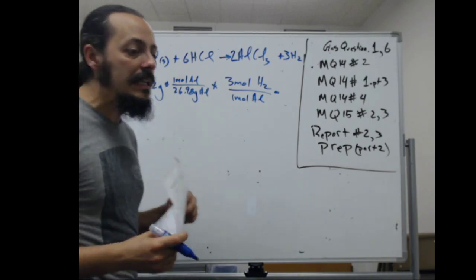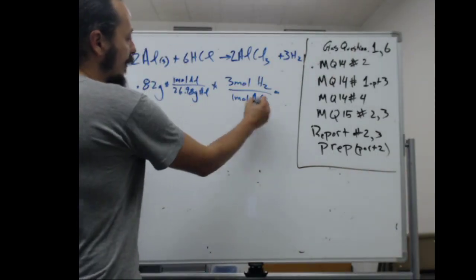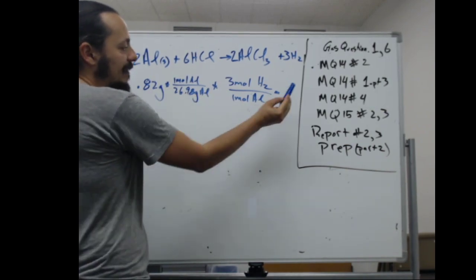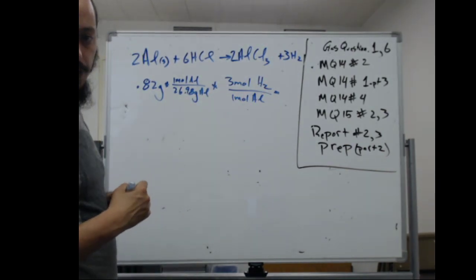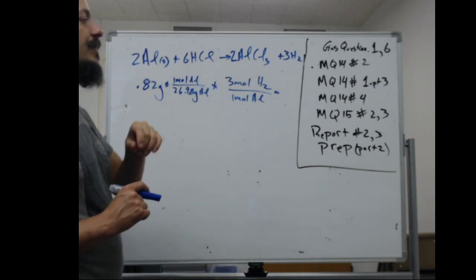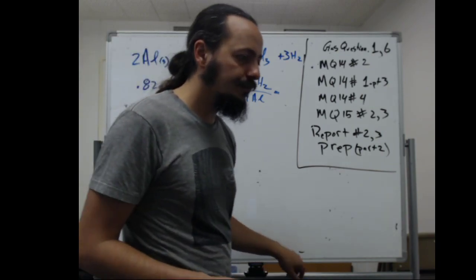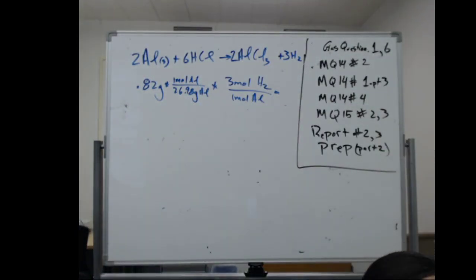That should very easily give us our moles of H2 gas produced. You'll notice the grams of aluminum cancel out, and the moles of aluminum cancel out, and I just get moles of H2. If you incorrectly predicted the common oxidation state of aluminum or you didn't look it up, that can throw off the problem.